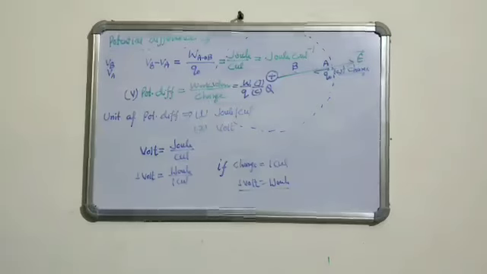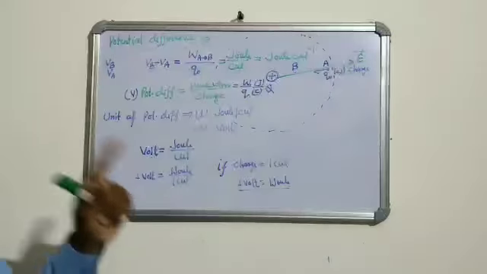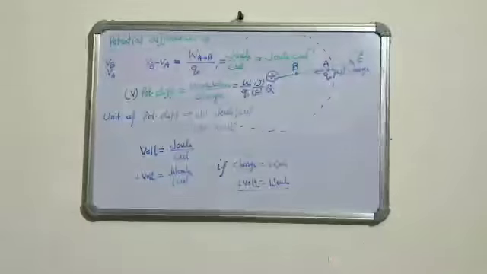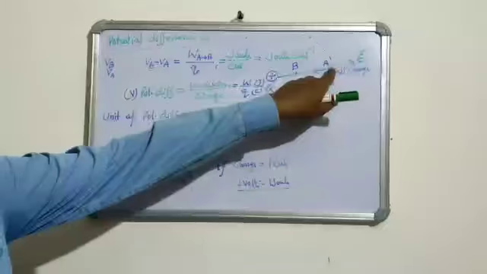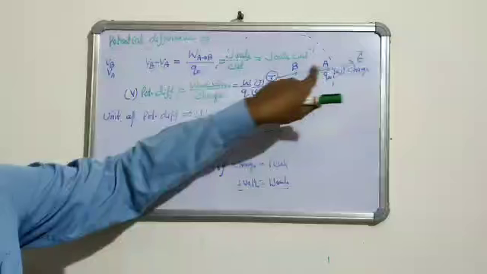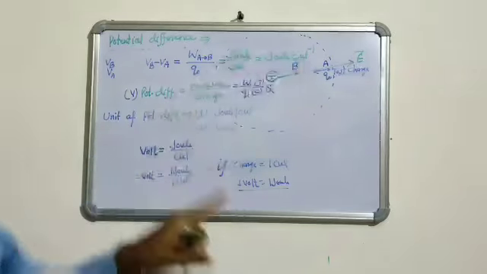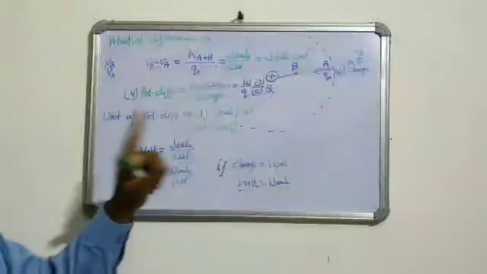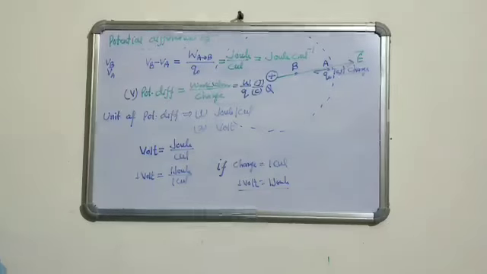If we bring 1 coulomb charge in the opposite direction of the electric field, and the required work done is 1 joule, then we can say the potential difference between these 2 points is 1 volt. I repeat, to bring 1 coulomb charge in the opposite direction of the electric field, the required work done is equal to 1 joule. Then the potential difference between 2 points is 1 volt. This is the potential difference.